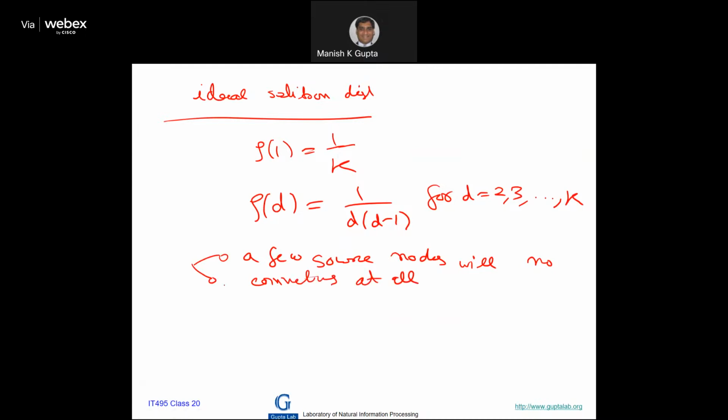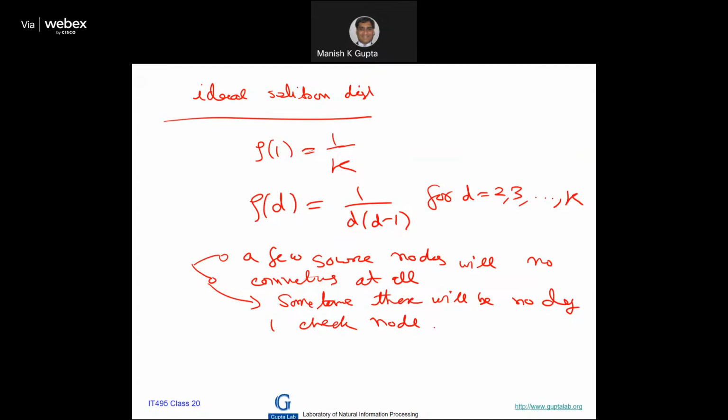So there was a problem in this, and also sometimes there is no degree 1 check node. By taking this ideal soliton distribution, he ran the simulation. He observed that basically sometimes there is a problem. So how do we fix the problem?